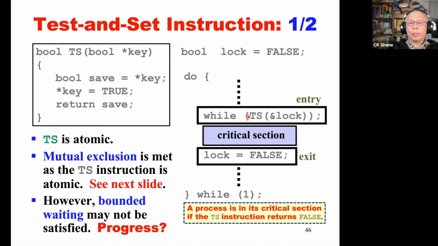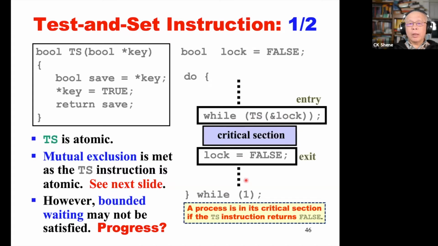Now, if that is the case, when TS returns true, we simply loop here until TS returns false. If TS returns false, we are here. We will explain it in great detail later. Upon exit, we set the global lock to false and get out.